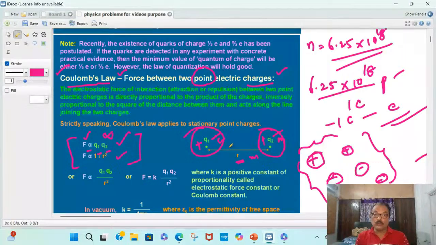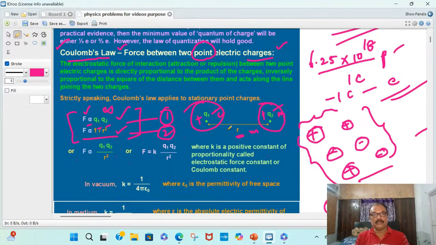He also did experiments and found that when the charges are very close by, the force of attraction is greater, and when r moves away, the force of attraction is reduced. This is the first observation, and this is the second observation. What did you understand in this?